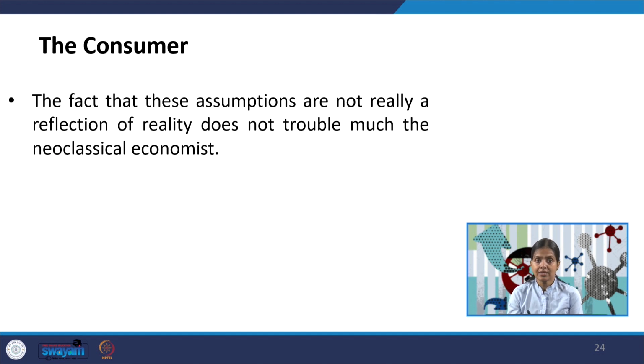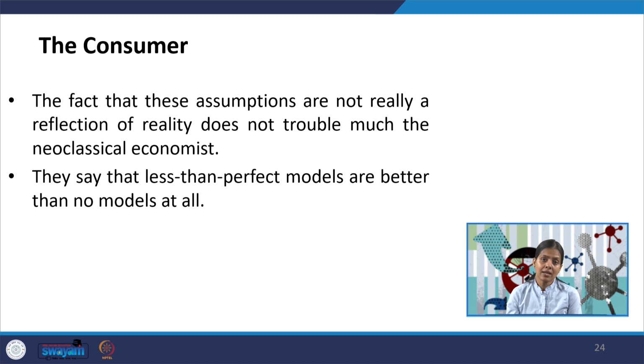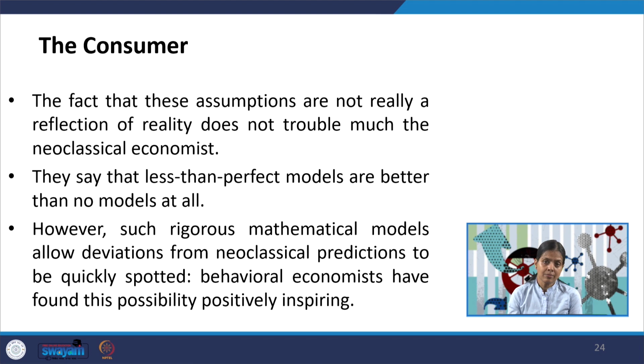The fact that these assumptions are not really a reflection of reality does not trouble neoclassical economists much. They say that less than perfect models are better than no models at all. However, such rigorous mathematical models allow deviations from neoclassical predictions to be quickly spotted. Behavioral economists have found this possibility positively inspiring.